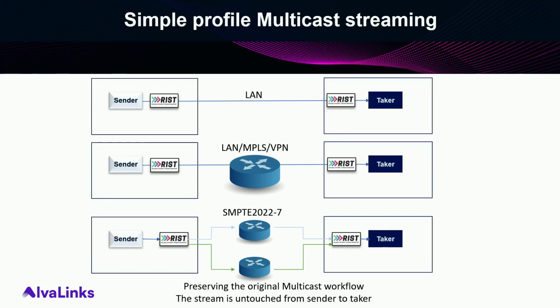And here we also see an example of the use of SMPTE 2022-7. Seamless or hitless failover. The idea is that we can use multiple paths to send duplicate copies over multiple different networks. We can bond 5G, 4G, LAN, WAN, whatever, to bring that to the RIST receiver, and it will re-aggregate the stream back to its original form.